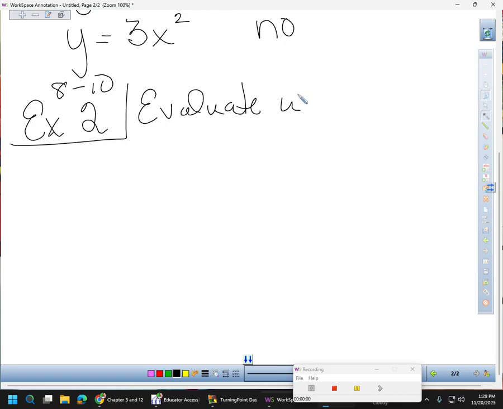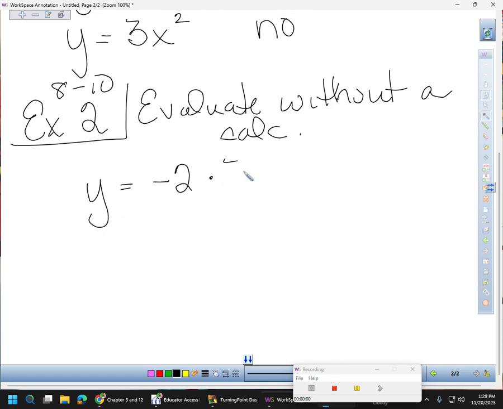It's going to hurt without a calculator. So maybe I give you y equals -2 times 3 to the x, and x equals -2.